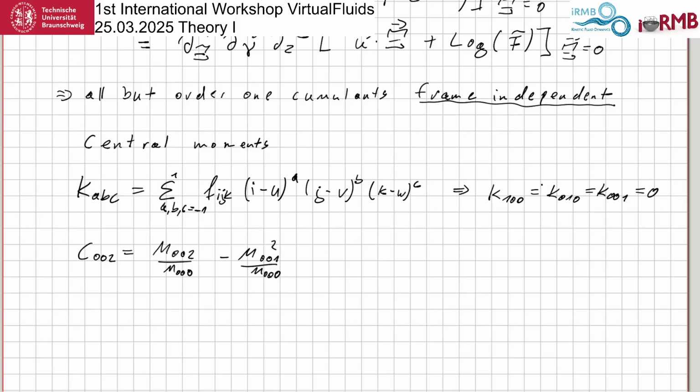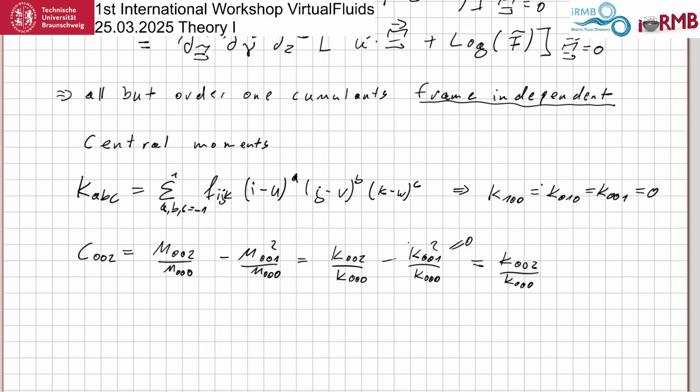So I can replace all the m's with k's, because I can just derive them in a different frame. Because it's not a first order cumulant, it's a second order cumulant, which is frame independent. So we have K002 divided by K000 minus K001 squared divided by K000. And you know that this is 0, and therefore this is K002 divided by K000.